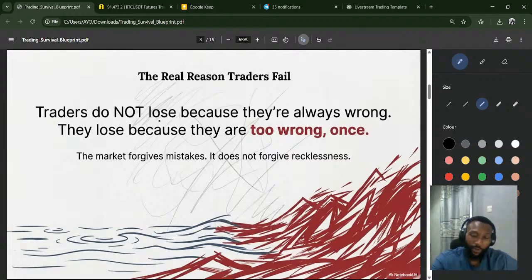Traders do not lose because they are always wrong. They lose because they are too wrong once. The market forgives mistakes, it does not forgive recklessness. Do you understand that? I need you to read that, let that get in and assimilate it.